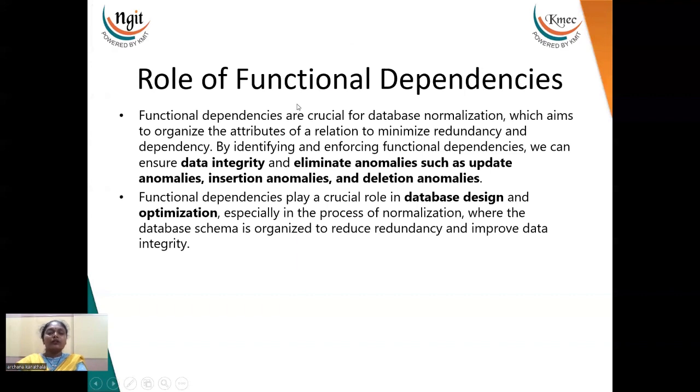Now, what is the importance of functional dependencies? What are the roles of functional dependency? Functional dependency plays a major role in database normalization, which aims to organize the attributes of a relation to minimize redundancy and dependence.